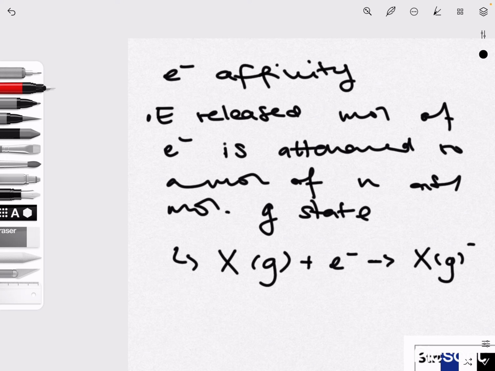And electron affinity is something which increases upward for the groups and from left to right across the periods of a periodic table.